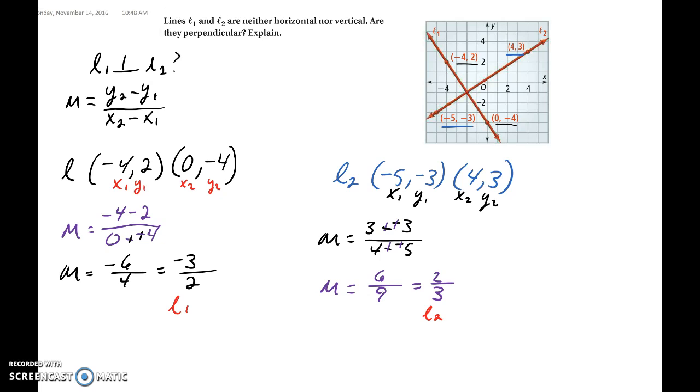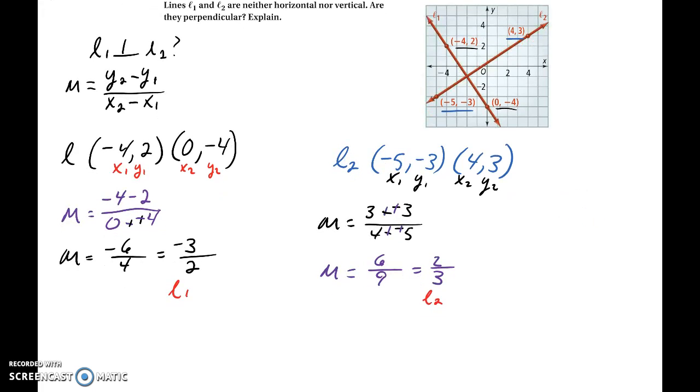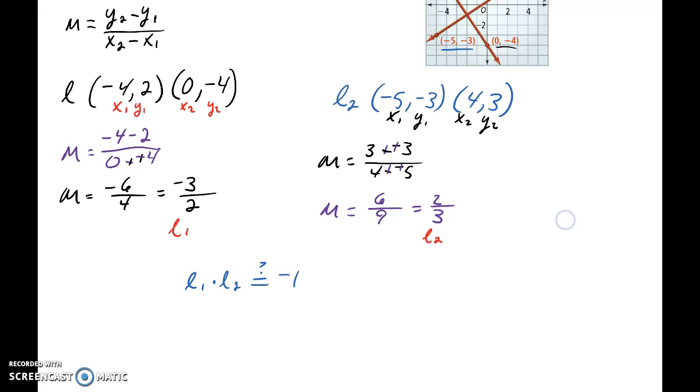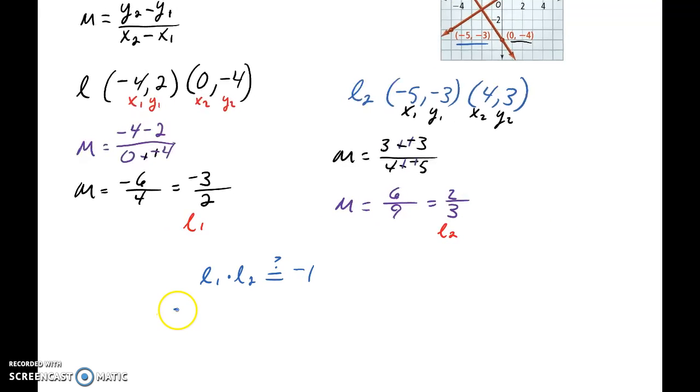Now to see if these two lines are perpendicular, we need to multiply their slopes together, L1 times L2, and see if it equals -1. So we plug in our two slopes. The slope for line 1 was -3 over 2, and the slope for line 2 was 2 over 3.